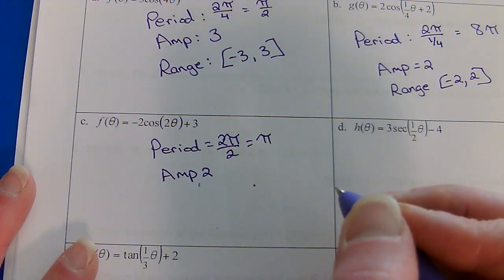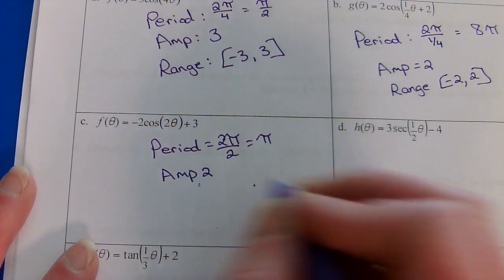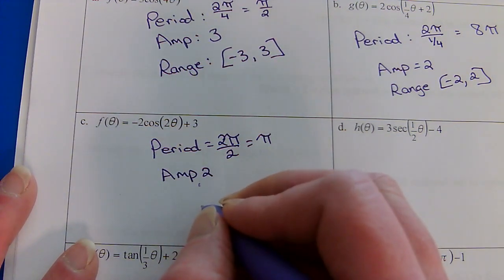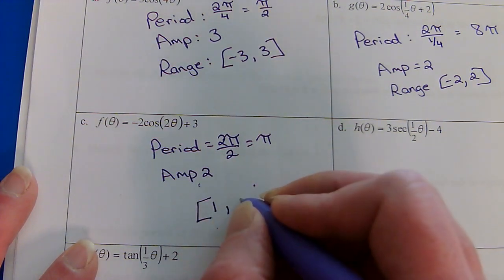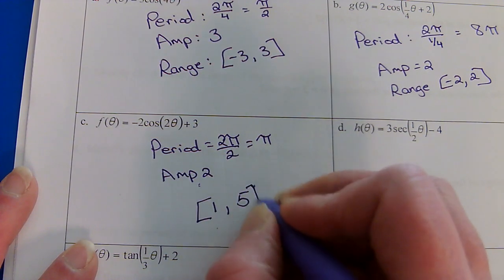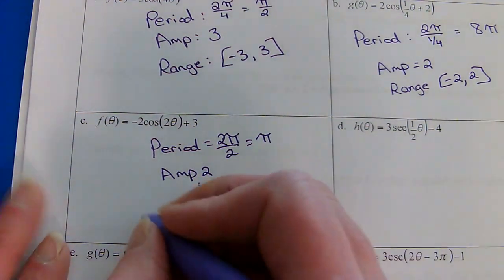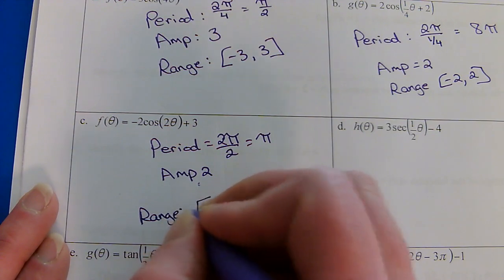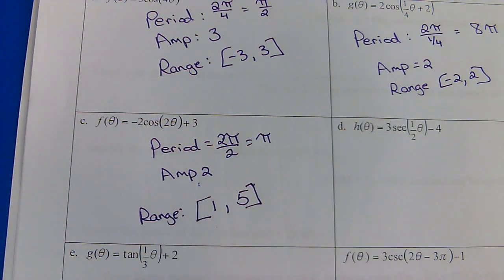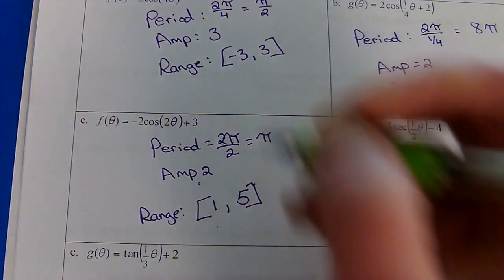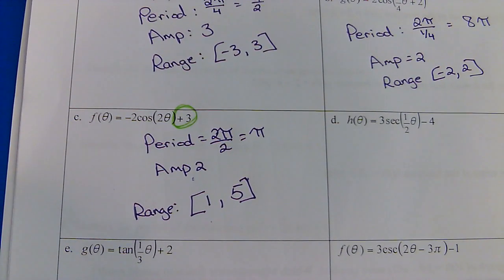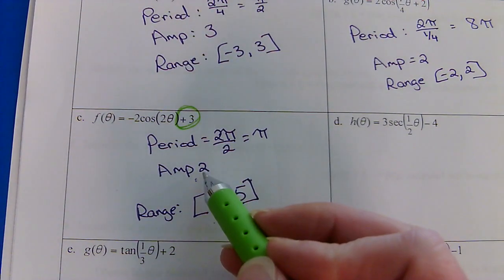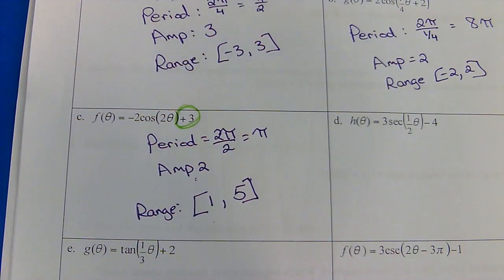Let's see if you get the range on this one right. Why is my range 1 to 5? This plus 3 moved the whole graph up 3. That's the new midline. So I'm going down 2 from there and up 2 from there.